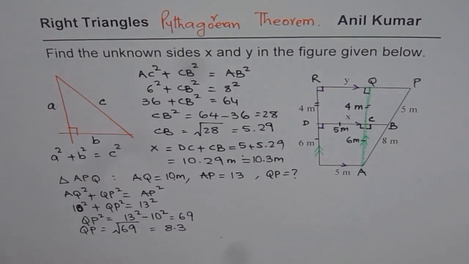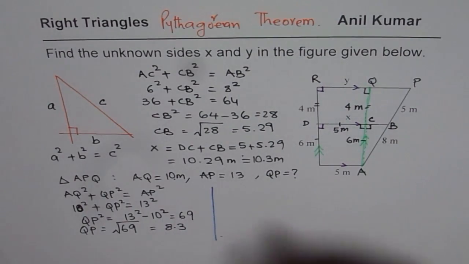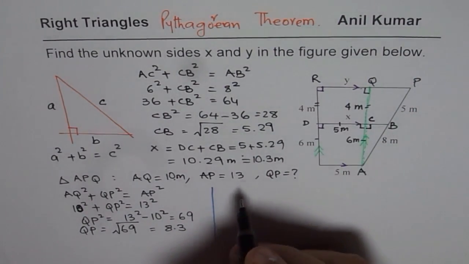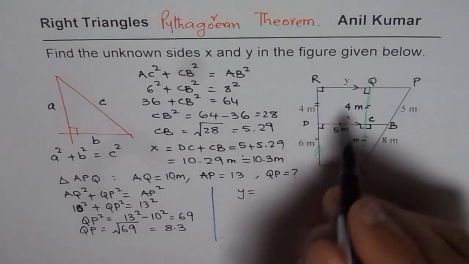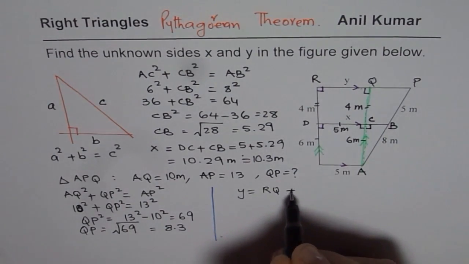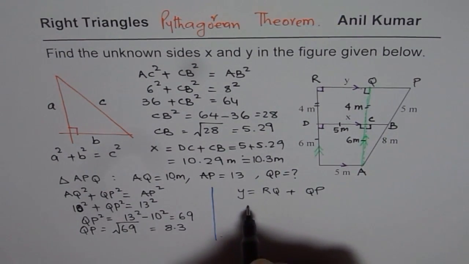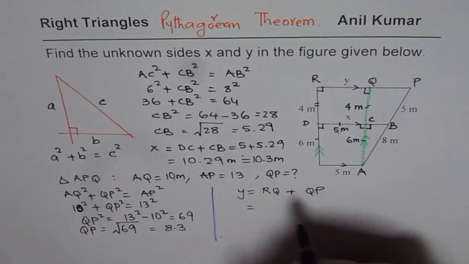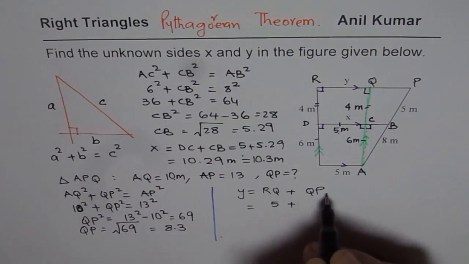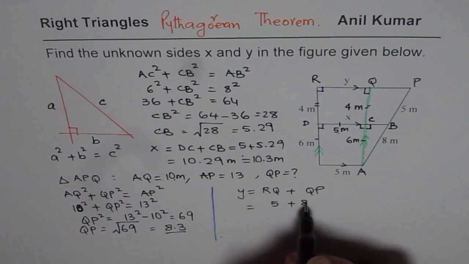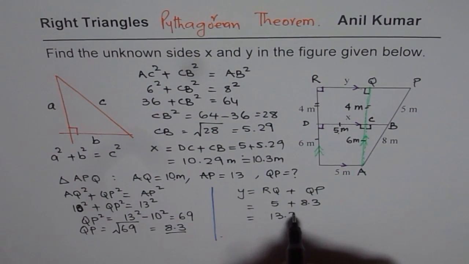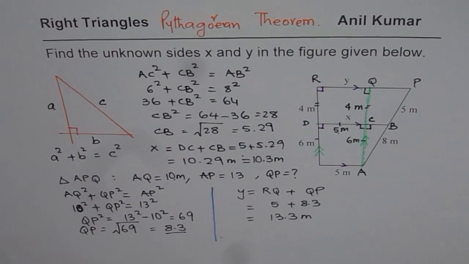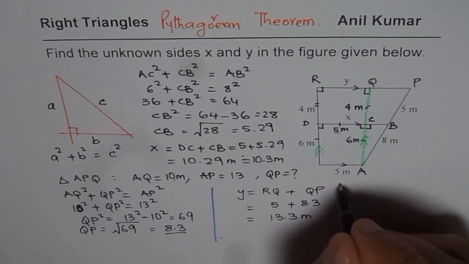Now, what is y? y is equal to RQ plus QP, right? RQ is the same as DC, 5 meters, right? So it is 5 plus QP we just found as 8.3, and that gives us 13.3 meters, right? So that gives us our answer.